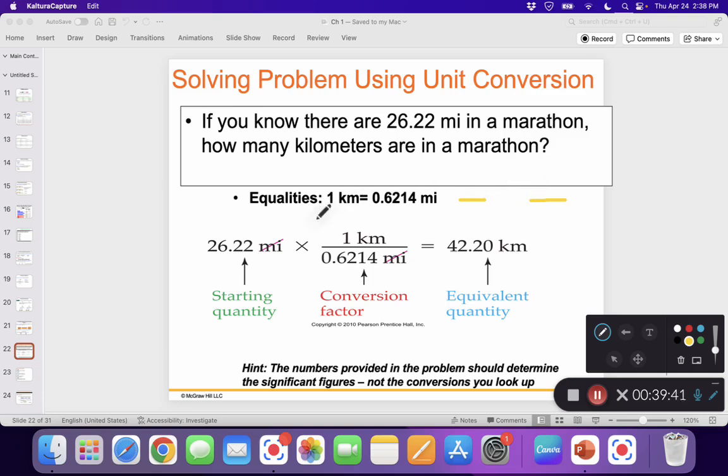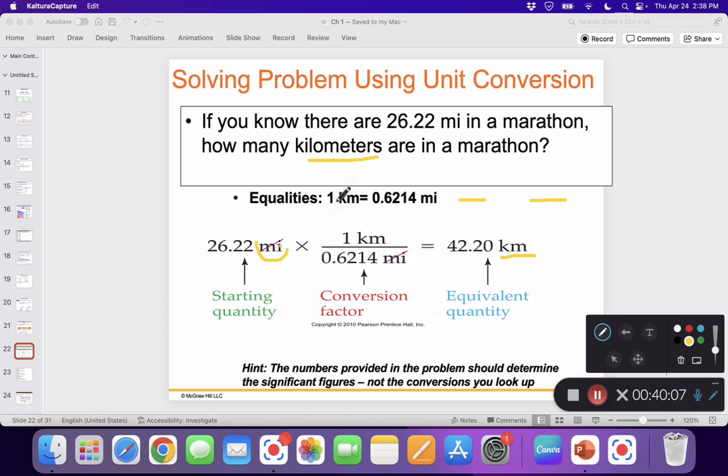I have to always set up the problem in such a way that the unit in my starting material has to be cancelled, and I have to retain the unit that I need in my question, in my target, in my destination. So if I start with miles, then I have to have the miles on the bottom and kilometer on the top.